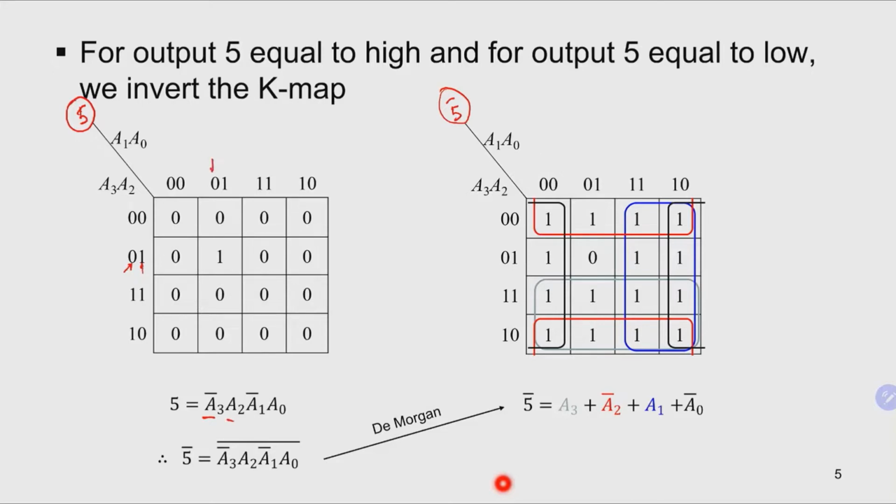Then A1 is low, so I got an A1 bar. Then A0 is 1, so I got an A0. Again, if you want to make this output 5 low, we invert it, and therefore we have this logic here.